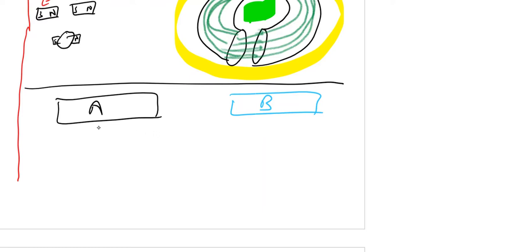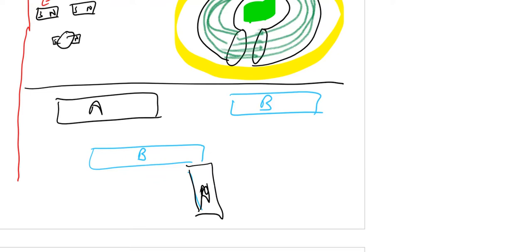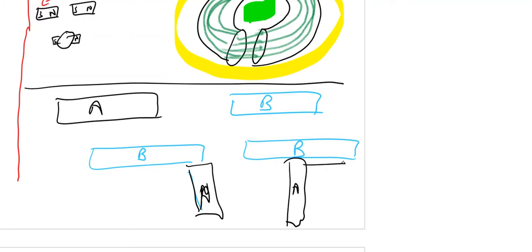Suppose I place A near the middle part of B and if it shifts to the end, then I should understand that B is having magnetism in this region.